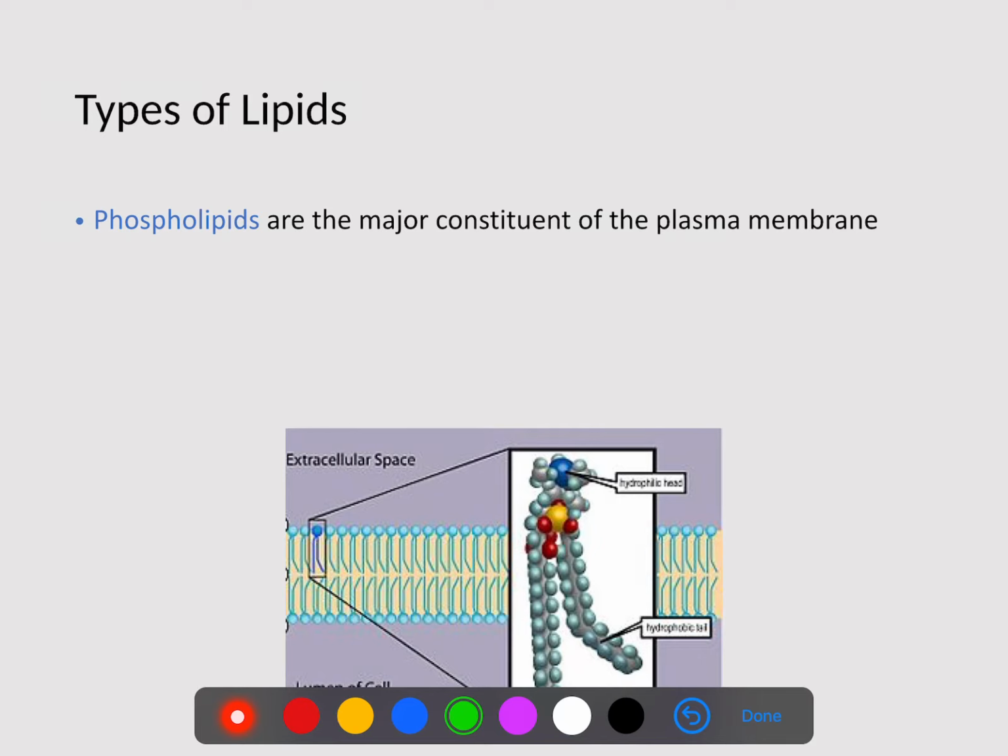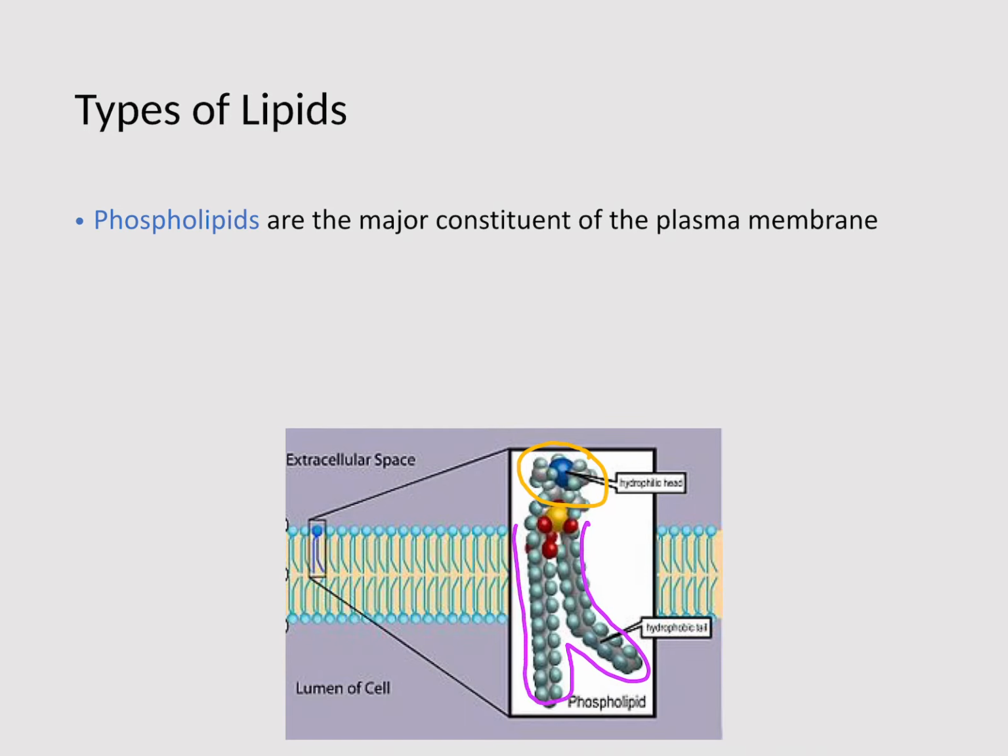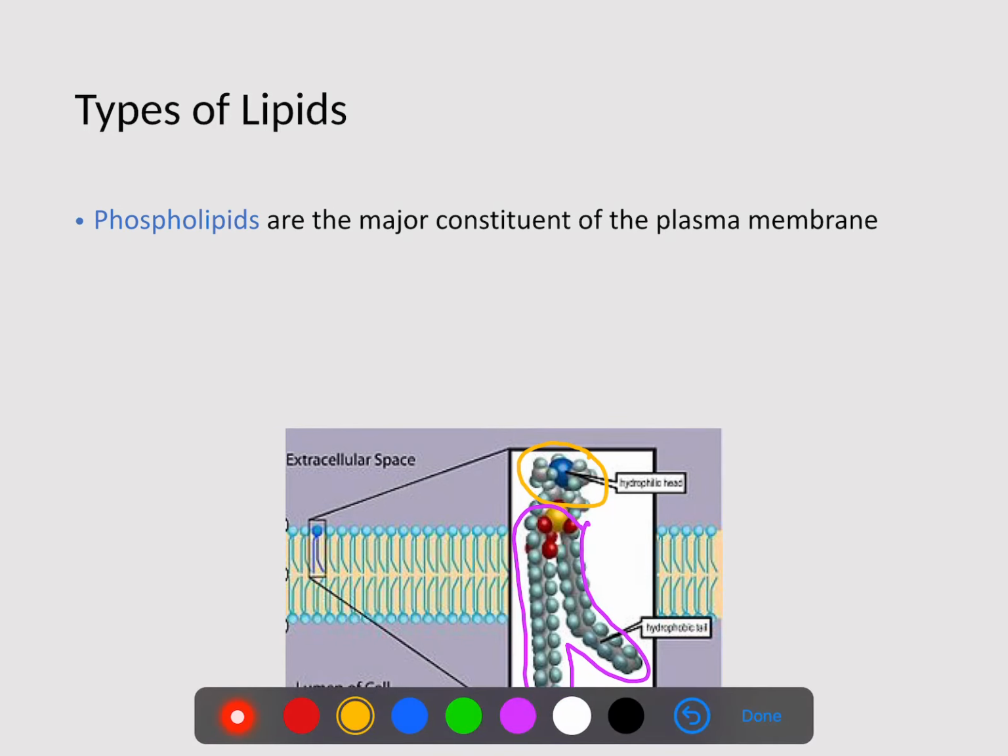Now, phospholipids are very important. These are what every single one of our cells' outside covering is formed by. Now, it's composed of 2 parts, a head and 2 tails. Now, the head structure is hydrophilic. It likes to be associated with water, whereas the tails are hydrophobic.